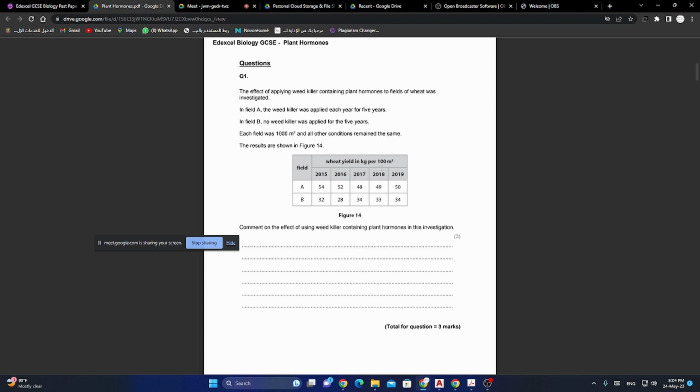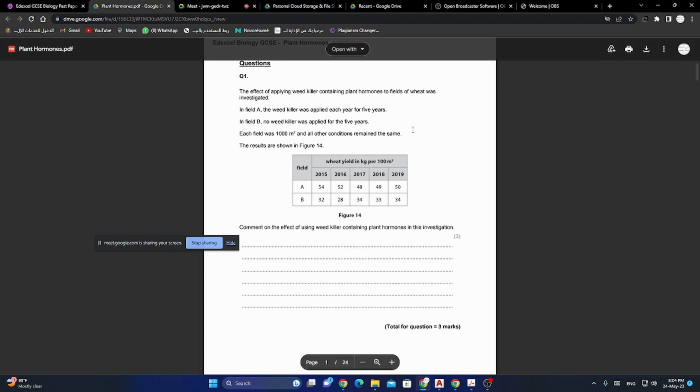But weed killers are specifically made to target weeds. They basically have chemicals that are only found in monocots, if I remember correctly. Basically, it only has chemicals that are found in a certain type of plant. Wheat is not that type of plant, so this chemical doesn't really interact with it. It's not able to interact with wheat.